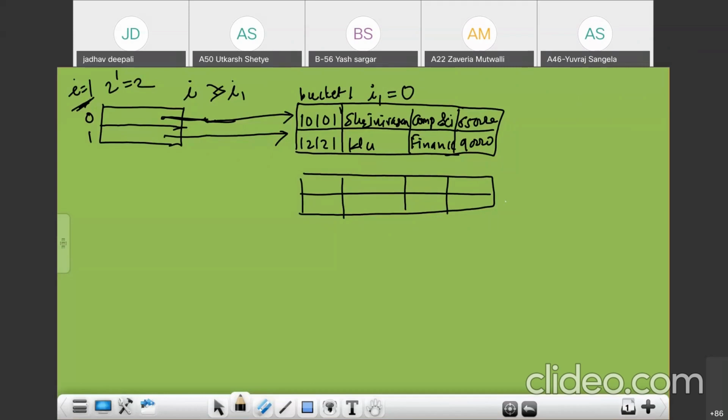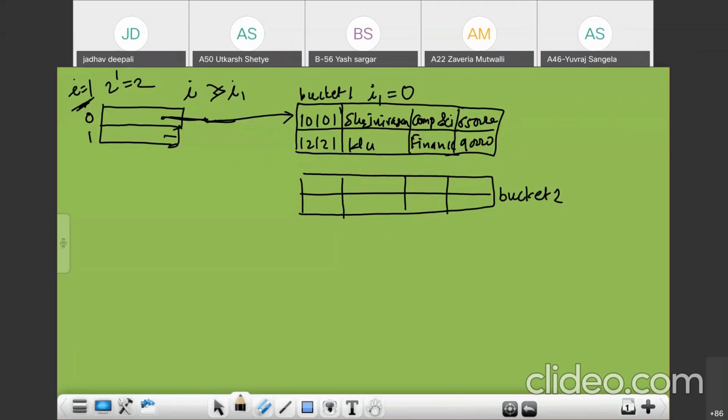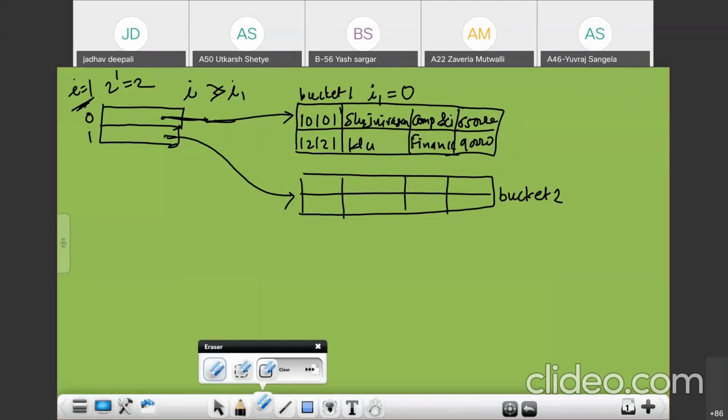We call it bucket number 2. Now what we need to do next? Half of the pointers point to the first bucket and half of the pointers point to the second bucket, and again we need to reorganize the records accordingly.